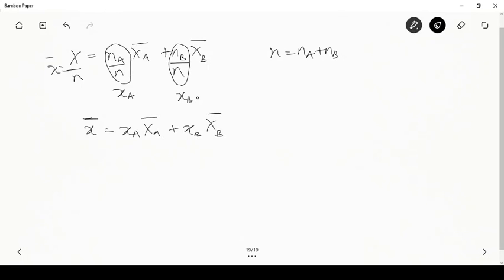In this particular case we were talking about volume, so V bar of the mixture is equal to XA VA bar plus XB VB bar.